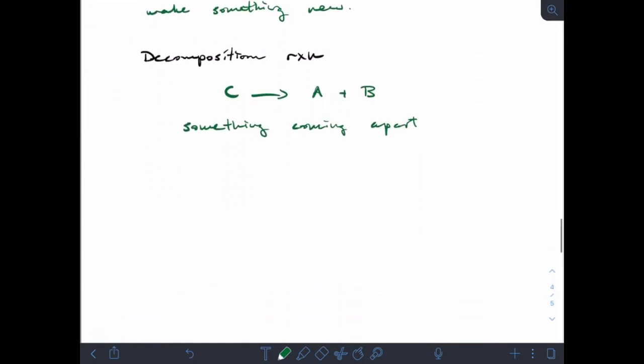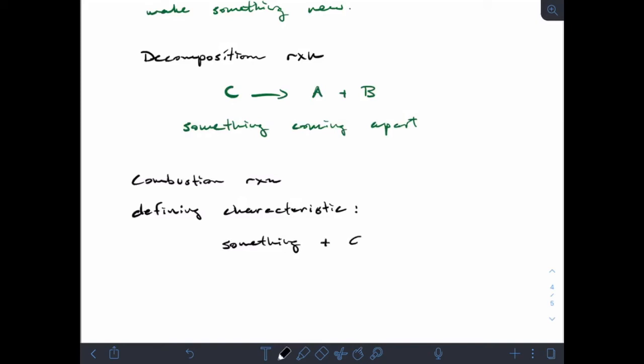Our third type that we're going to talk about, and we've kind of already mentioned it in the previous video when we were balancing equations, is a combustion reaction. The defining characteristic of a combustion reaction is something reacting with O2 gas.